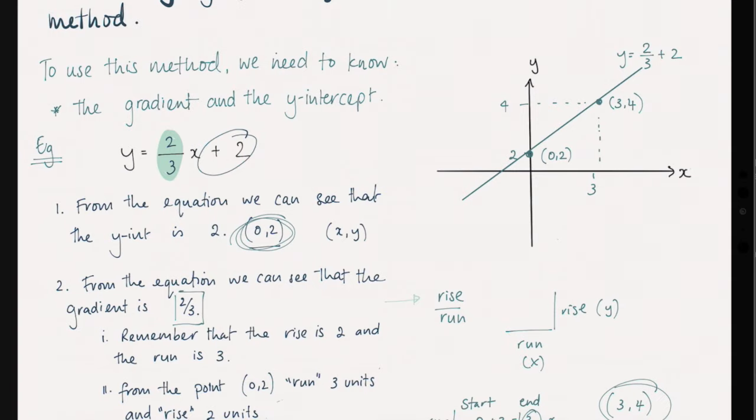So remember, we started at 0, 2, and remembering that our gradient is 2/3, so we've risen 2, a rise of 2, and then our run went from 0 and it moved 3 points, thus taking us from 0 to 3. So this is just a visual representation. Obviously, we had to actually work backwards, so we had to work out what was going on and find a new coordinate to then graph.